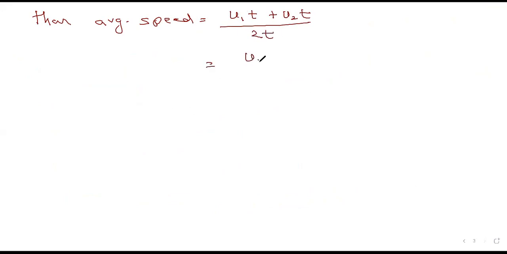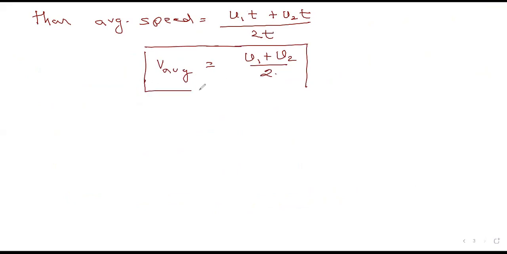Take t common. This is the only situation where the average velocity is equal to the arithmetical mean of the velocities in the different parts of the motion. Am I clear?